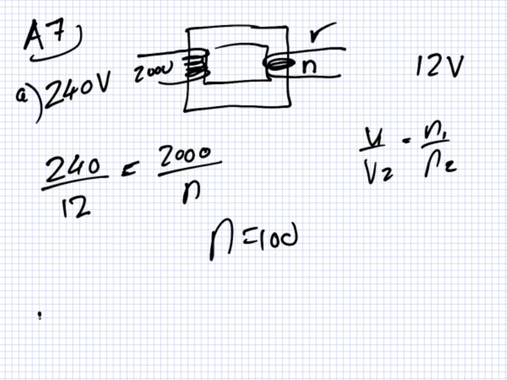Now part B. They tell us that these 12 volts here is connected to 1, 2, 3, 4 light bulbs. And the light bulbs are 20 watts. So the total here, 20, 40, 60, 80 watts in total.